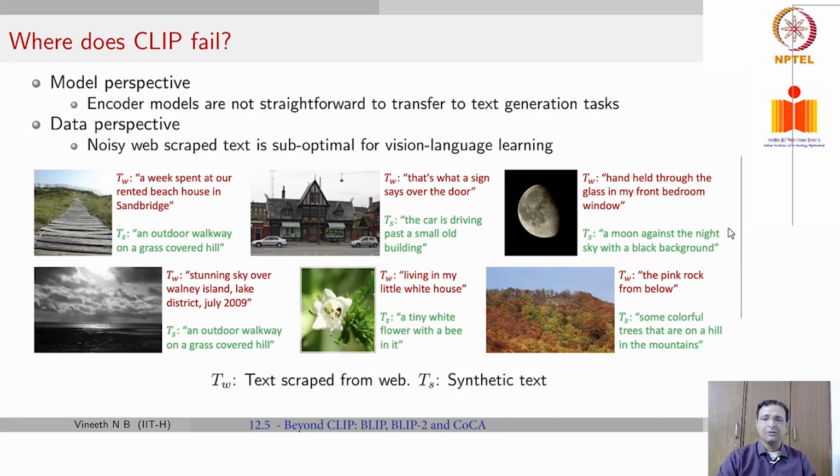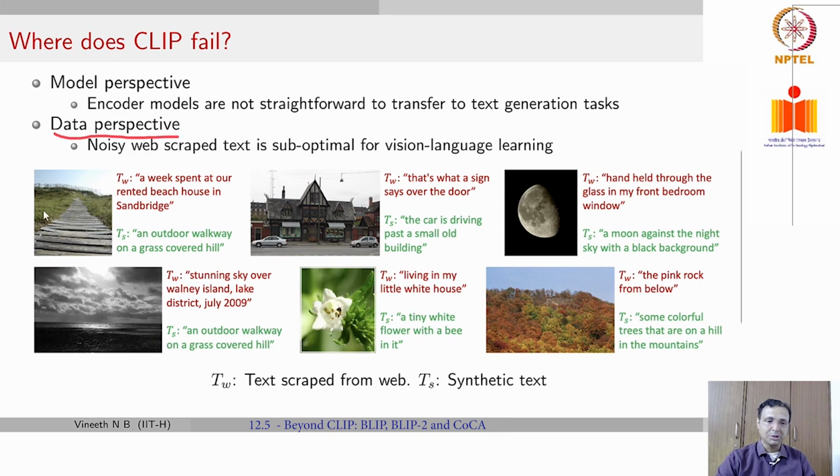A second perspective is one of a data perspective, where CLIP used web scraped data as the dataset used to build their model. One of the follow-up works which we are going to discuss now, called BLIP, shows that such noisy web scrape data may not be completely optimal for vision language learning.